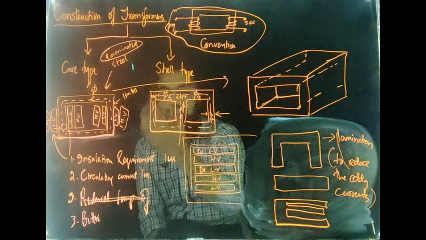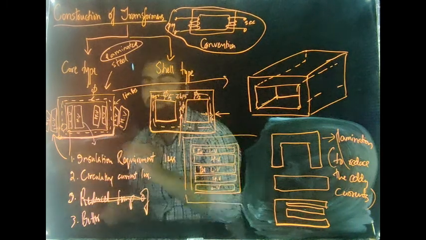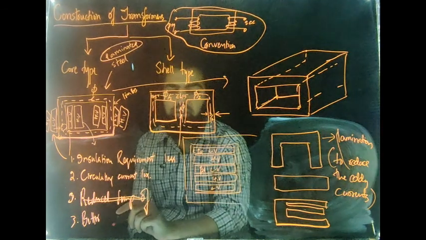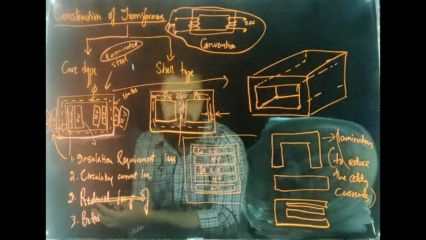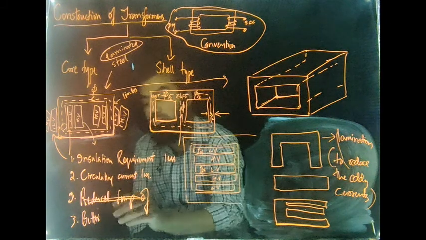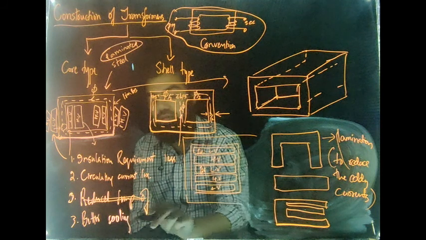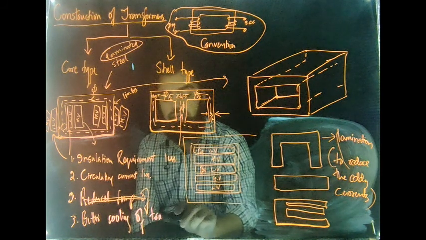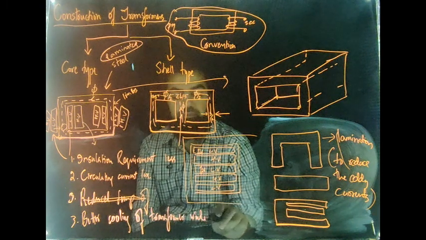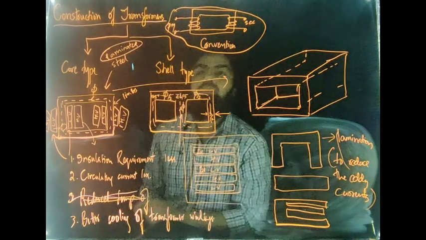You can see the HV windings are exposed to air, while the LV windings are not. Since the HV windings have more stress as compared to the LV windings, they will heat up more, so this mechanism gives better cooling of the transformer windings.